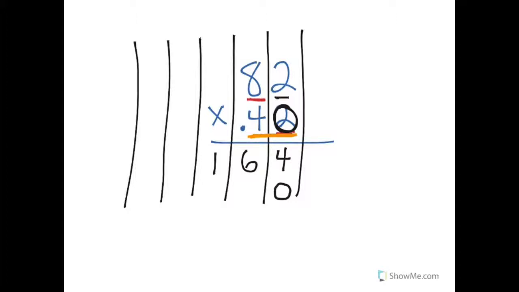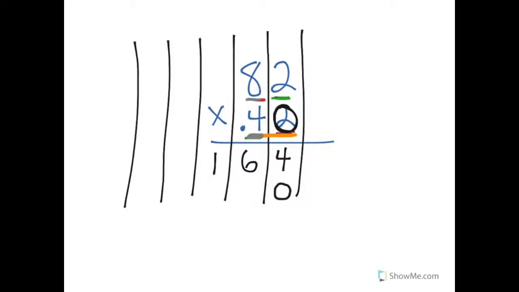I'm going to continue on with my standard algorithm. I'm going to multiply this 4/10 times 2 wholes, and the basic fact of 4 times 2 is 8. I'm going to move on to 4/10. Let's do this one in gray here. Move on to 4/10 times 80 wholes. The basic fact of 4 times 8 is 32.